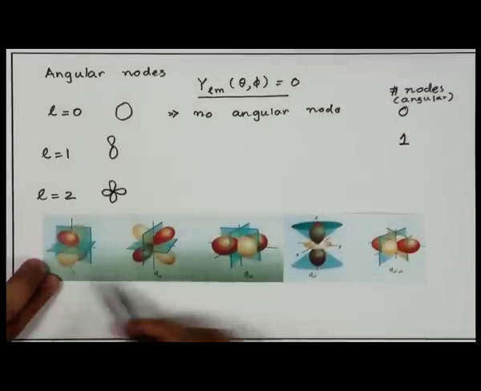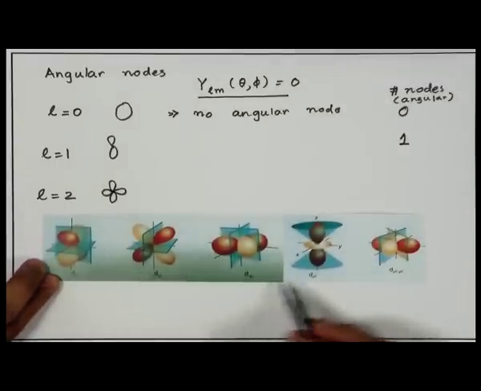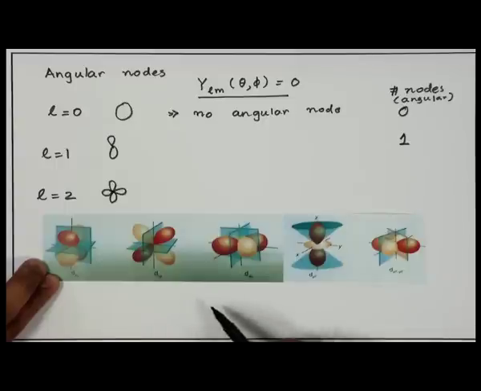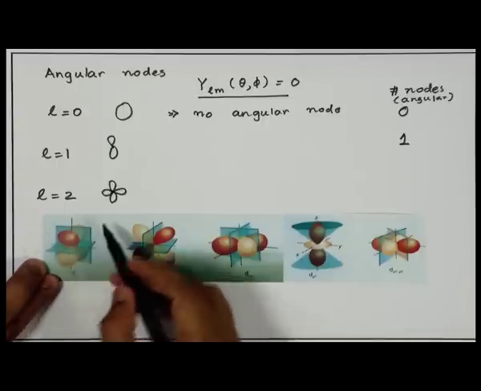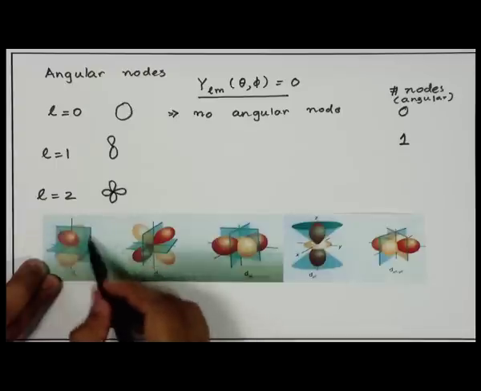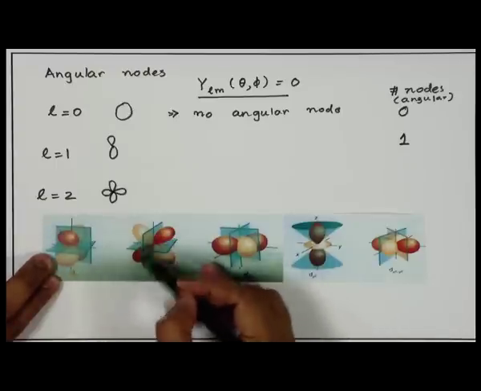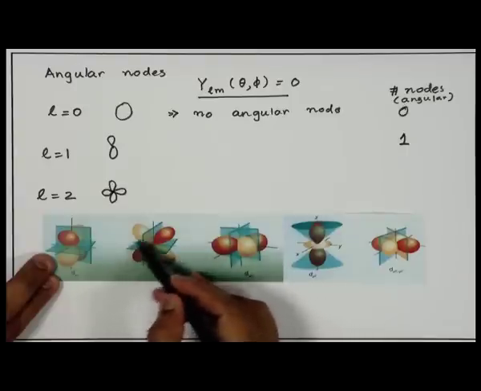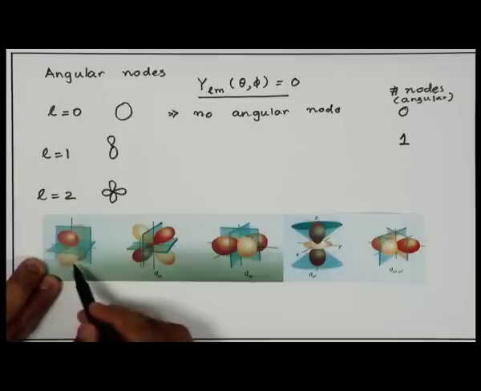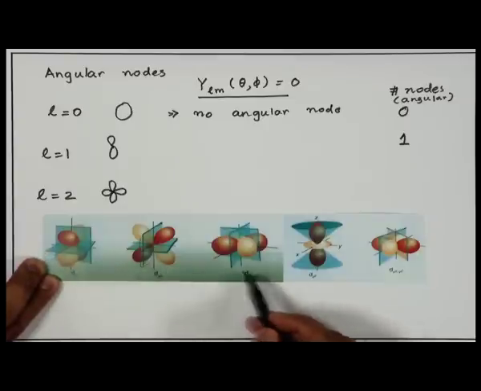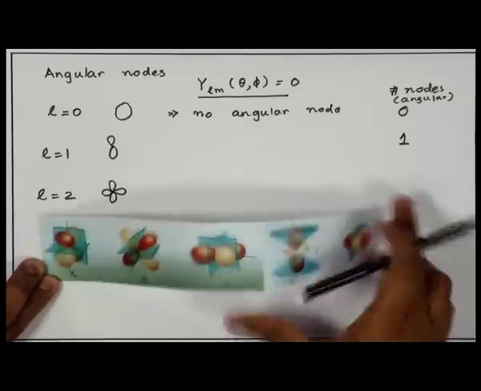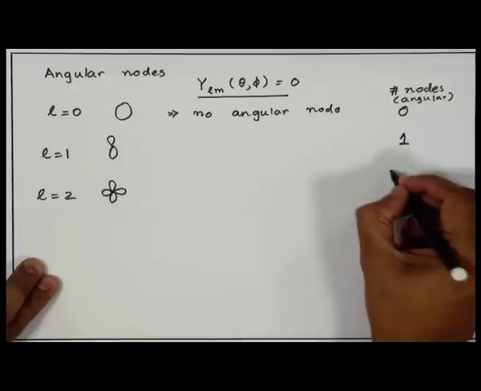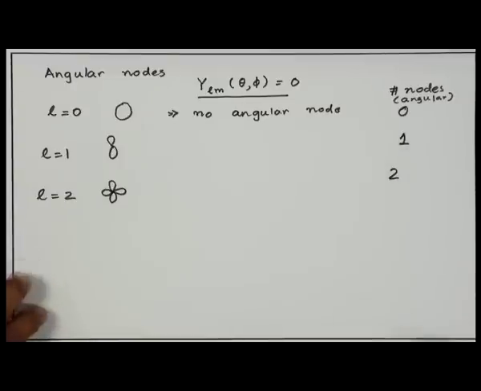Here you can see dxy, dyz, dzx, dz square, dx square minus y square, and since it is a double dumbbell, you can define two different planes along which the angular component of the wave function vanishes. As you can see, in each of these d orbitals, there are 2 angular nodes.